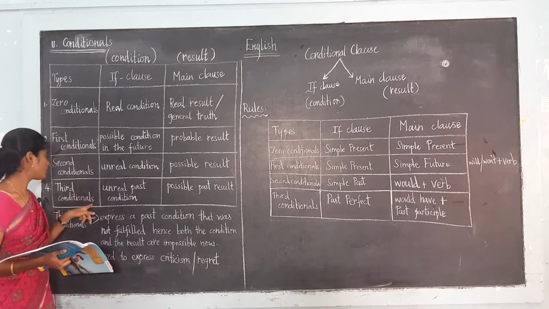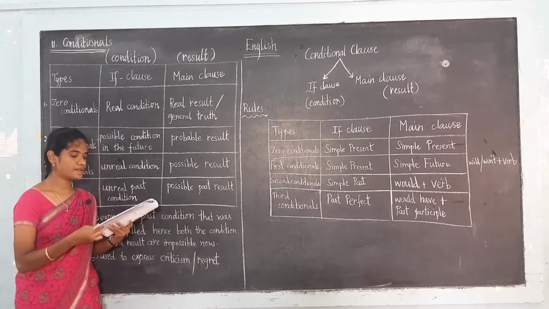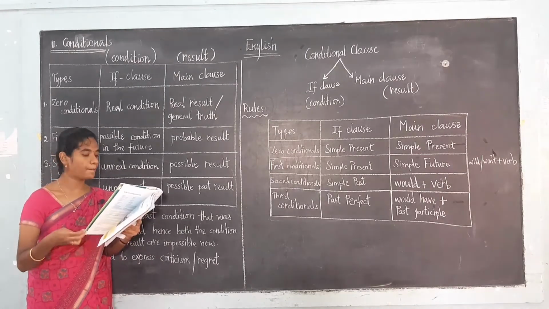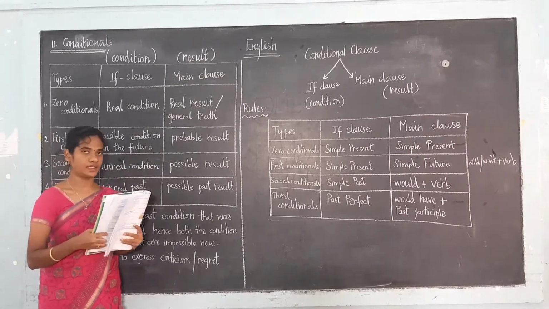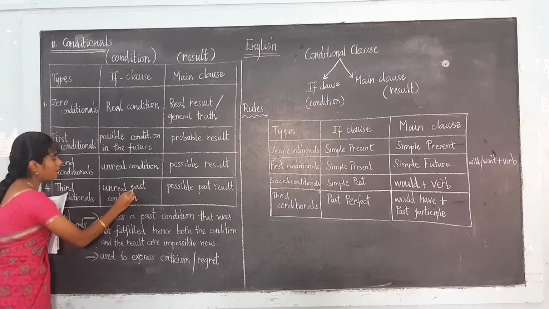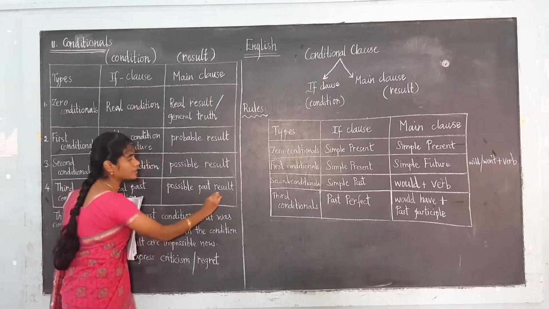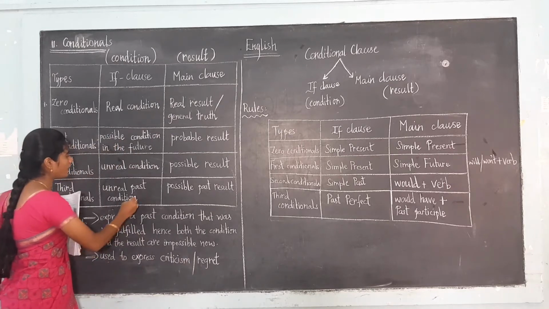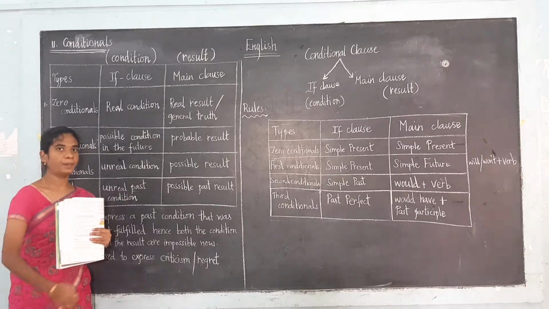Okay. Now we shall move on to the third conditional. The third conditional sentences are sentences where the if clause states an unreal past situation, and the main clause states its possible past results. Now see here, in the third conditional, the if clause states an unreal past condition, and the main clause states its possible past result. So I have mentioned the past here. Why am I mentioning the past here?